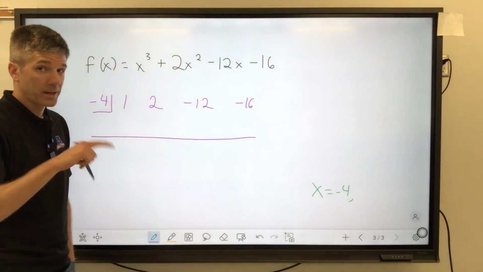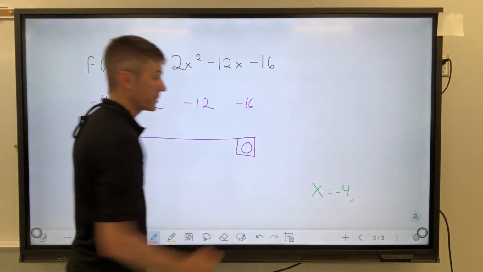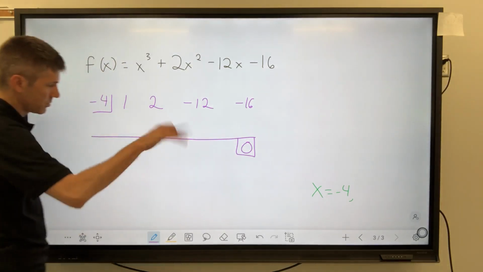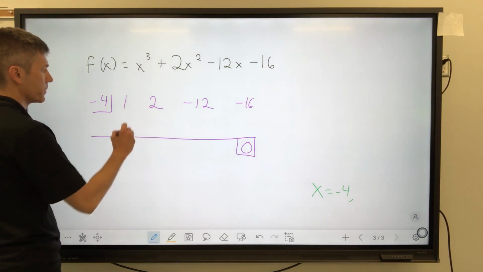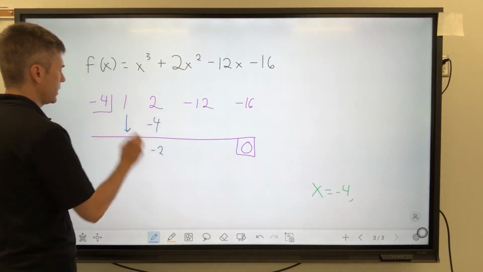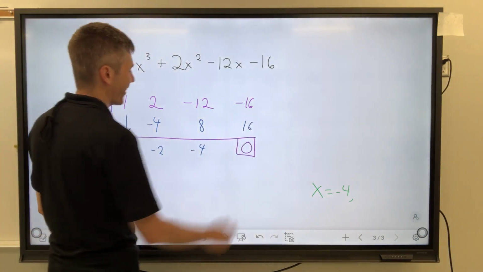Okay, here's the deal. Because we have found a root, the remainder had better be 0. So I'm going to have a 16 here, and that's going to cancel. We won't do that yet, though. Let's go to blue. Bring down your 1, multiply, put it there, add, multiply, put it there, add, 16. Isn't that cute?